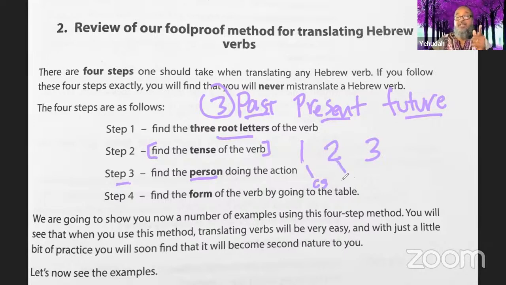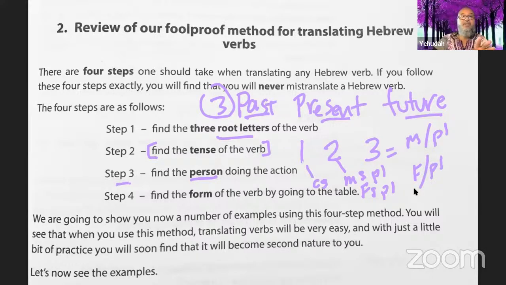Second person can be masculine or feminine, singular or plural. Third person can also be masculine or feminine, and it's always going to be in the plural. Okay? So that's never going to change, ever.